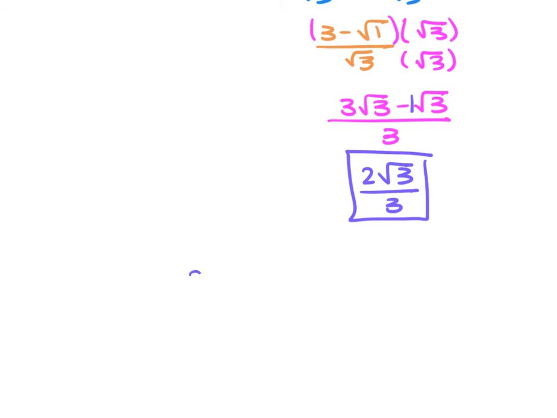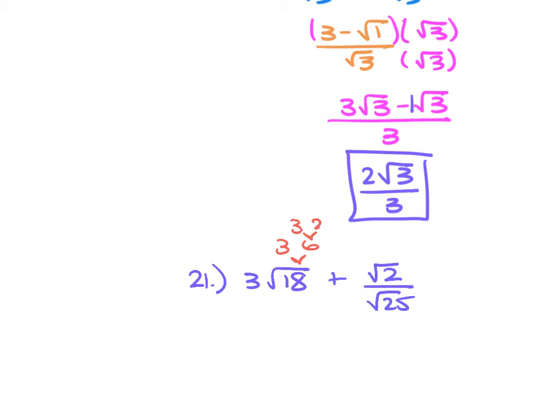For 21, we have 3 square root 18 plus square root 2 over square root 25. We're going to simplify this. That 18 is 3 and 6. 6 is 3 and 2. So 3 times 3 is 9, square root 2 over 1 plus the square root of 2 over 5.